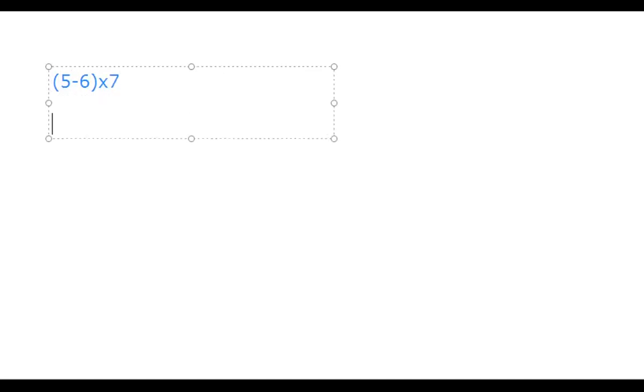Okay. What is the Polish notation for this? Multiplication sign, then minus, then 5 and 7. Okay.